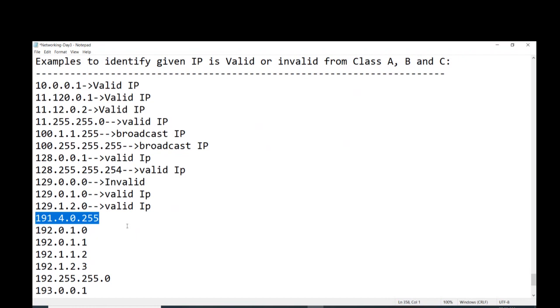Okay, so it's a broadcast IP. Why is it a broadcast IP? What is the network ID of this IP address? Network 191.0, sir. Sorry, 191.4. That is the network ID, and host is 0.255. So please check me again. Is it a broadcast IP?